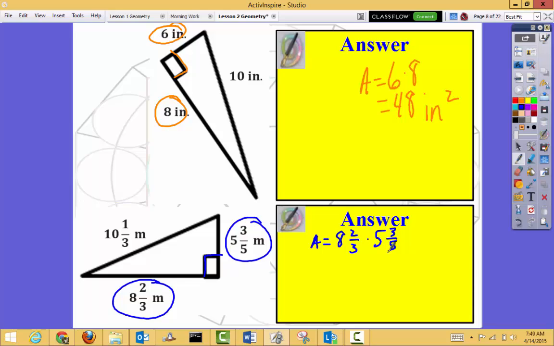So I need to convert these mixed numbers to improper fractions. So I multiply, this will give me 24, and I add, which gives me 26. Multiply and add. Times multiply is 25 and add is 28.